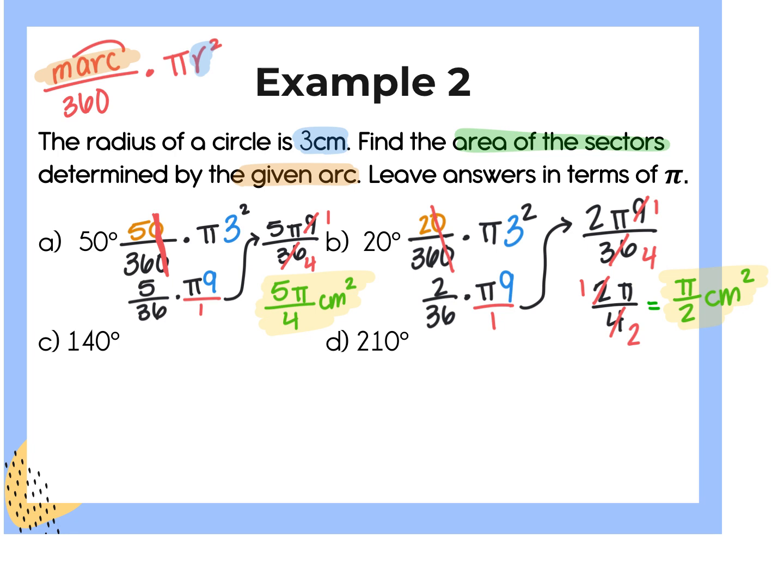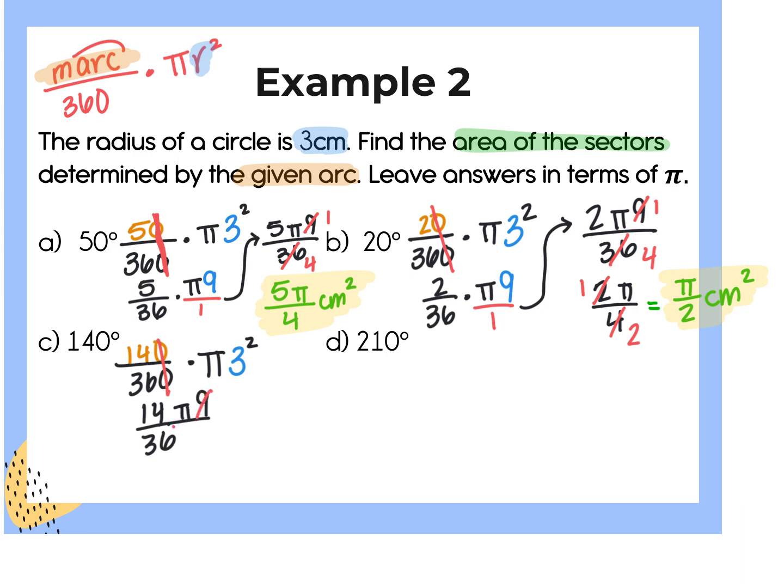All right, checking your work for the last two. Please check your work. So far, I feel like everybody got it. You have 140 over 360 times pi times your radius, which they told us was 3 squared. Because they both end in a 0, I'm going to cross it out. You're going to get 14 over 36 pi times 9.